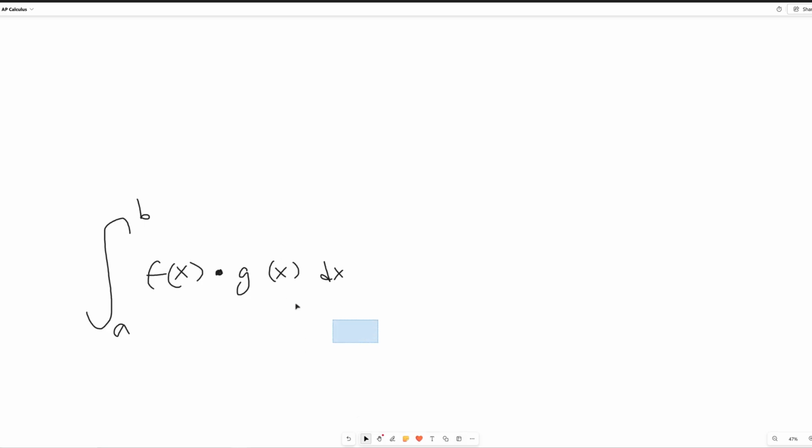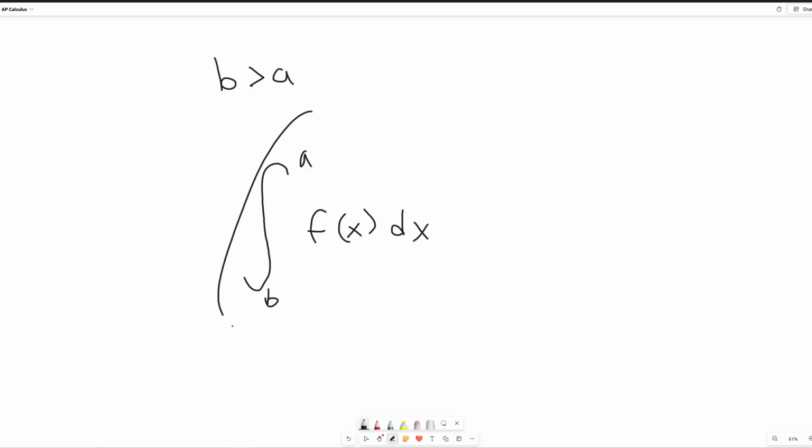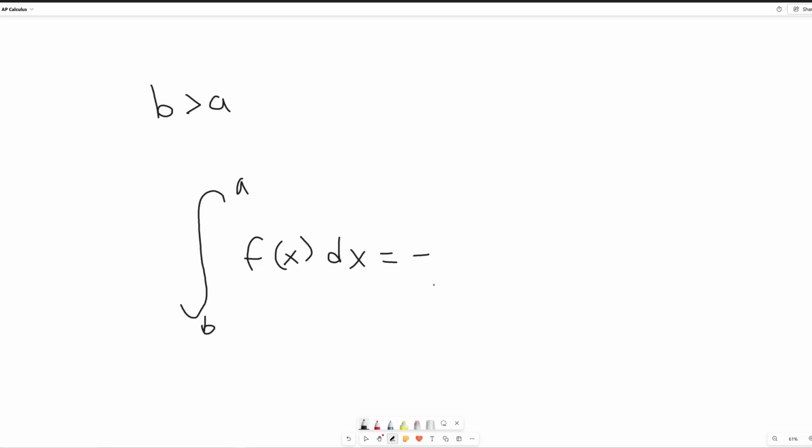One more thing is that if you have an integral which is b to a, let's say, and we're going to say that b is greater than a, then you could write it like this, but the more proper way to write it is negative a to b.